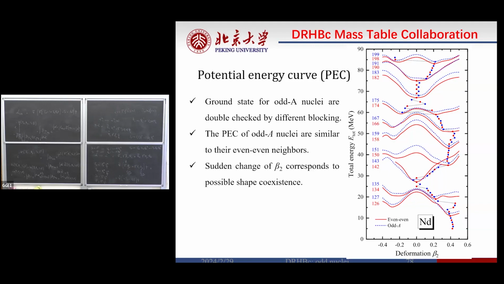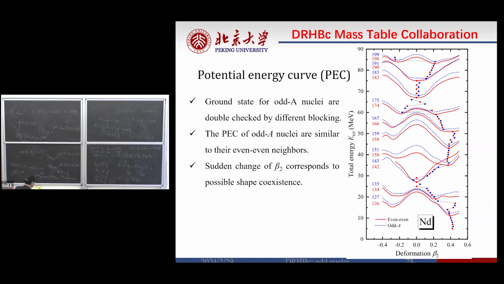And then go to the next one, the dotted line, that is the case for the odd mass nucleus. So you have one neutron that should be blocked somewhere. And then we found that we have to always ask the nucleus to occupy different orbits in order to search for the real minimum. Then we found that the potential energy curve here is close to the even one. That sounds reasonable.